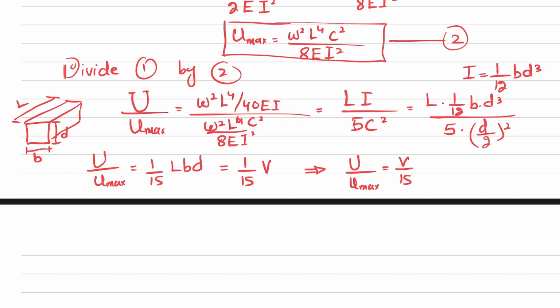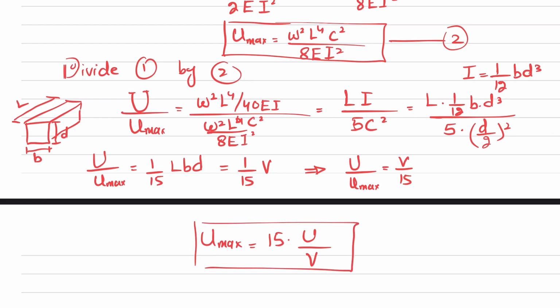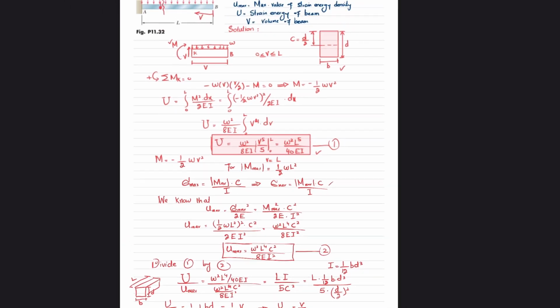So again we have been asked to find Umax. So Umax is equal to 15 multiplied by U, capital U, divided by V, which is the proof that maximum strain energy density is equal to 15 multiplied by total strain energy divided by the volume of the beam.